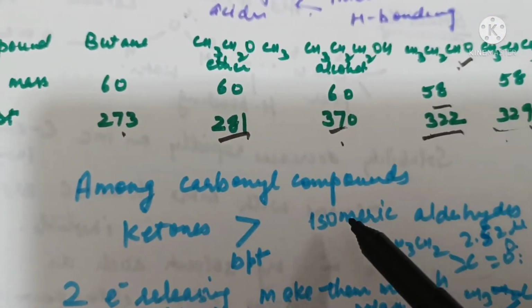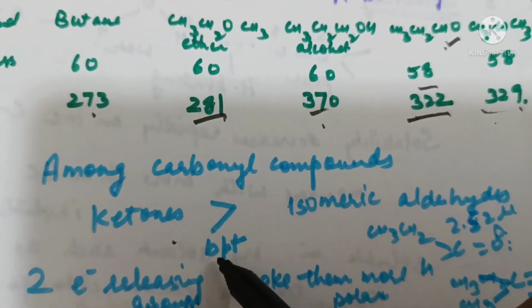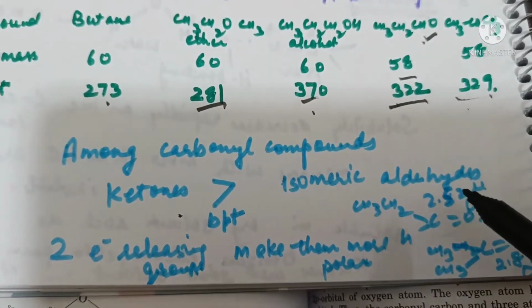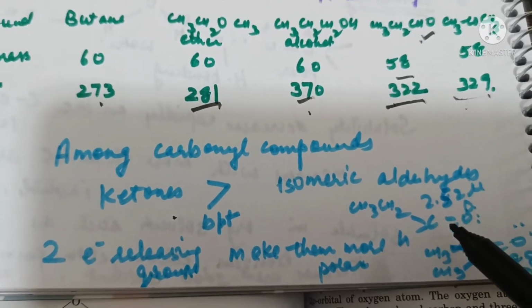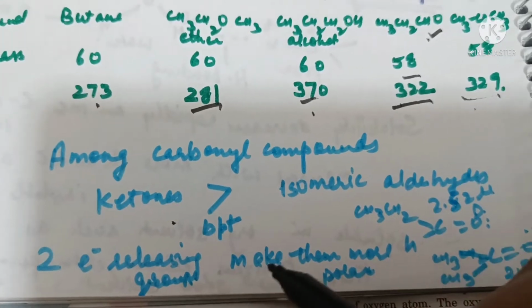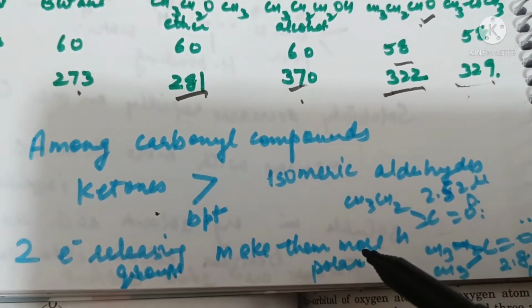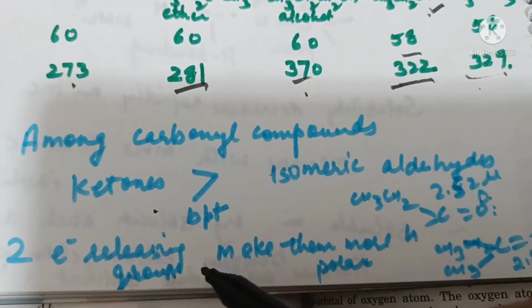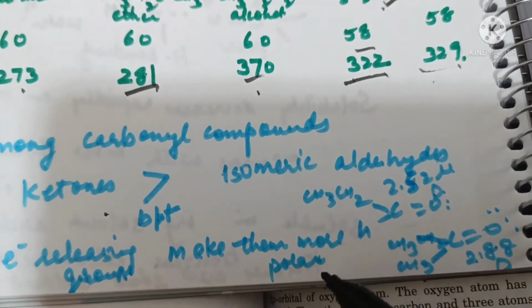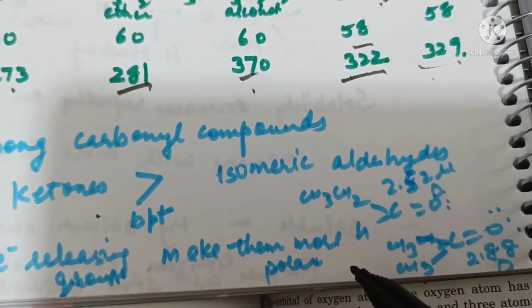Among carbonyl compounds, ketones have greater boiling point than isomeric aldehydes. This is because there are more electron releasing alkyl groups in ketones than in aldehydes, and these electron releasing groups make the carbonyl bond more polar.